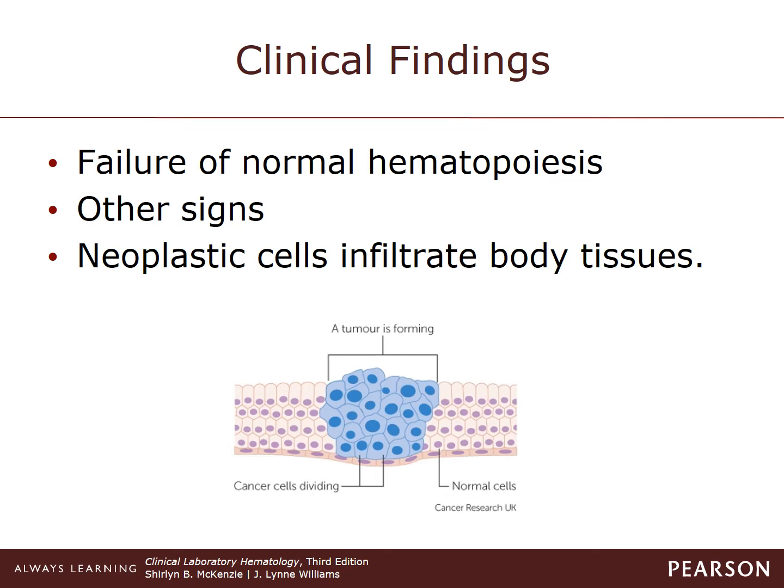Failure of the normal triad of hematopoiesis is a most serious consequence during neoplasm development. So the most frequent symptoms are related to erythrocytopenia, thrombocytopenia, and or neutropenia.